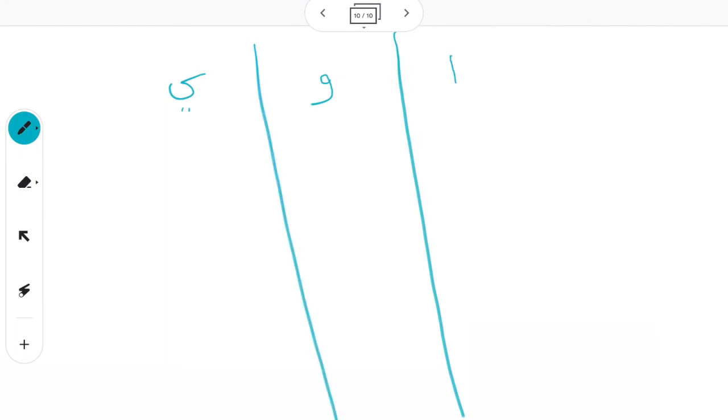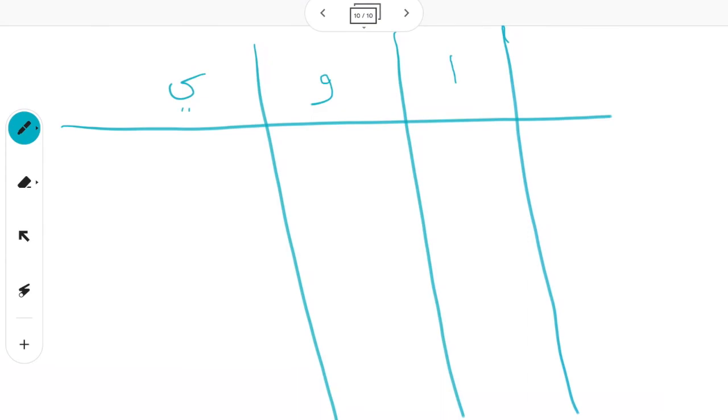We're going to make a chart, okay? This is going to be a consonant vowel chart. Along the top, we're going to have our three vowels: A, U, E. And along the side of the chart, we're going to have our consonants: ba, ta, tha.